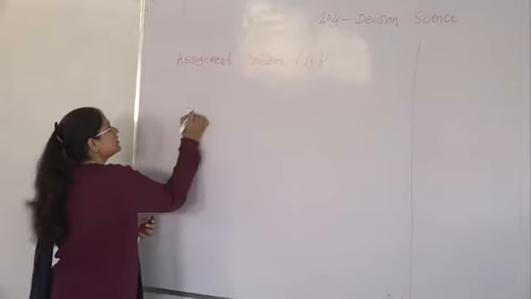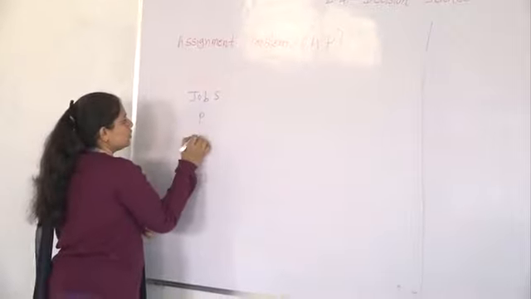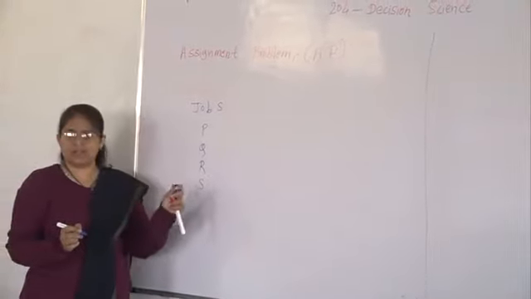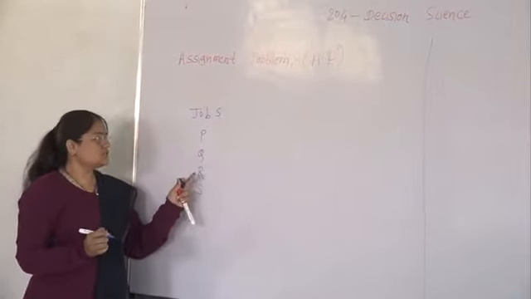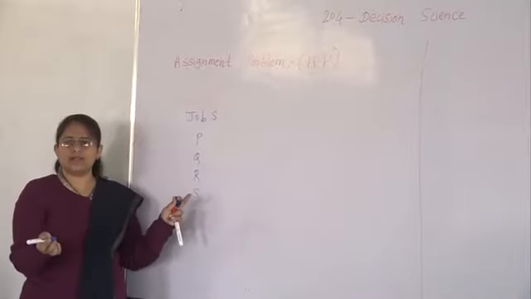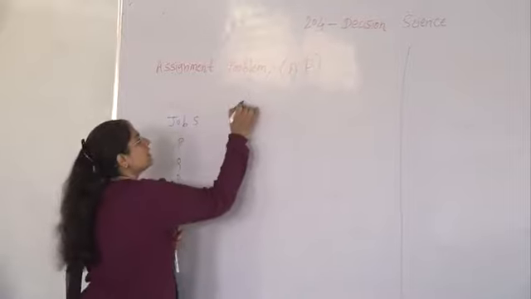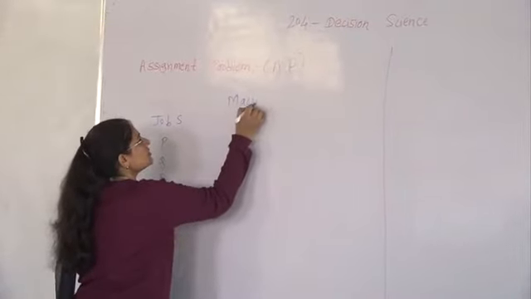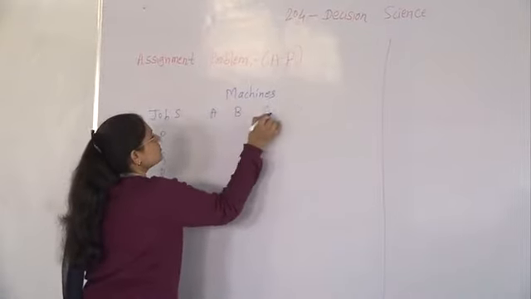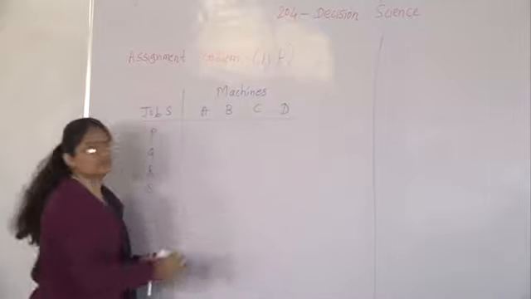Suppose there are jobs like P, Q, R, S. Suppose P is the job of welding, Q is the job of furnishing, R is the job of maintenance, like this. So there are the jobs P, Q, R, S, and there are the machines A, B, C. What is the purpose of assignment problem?